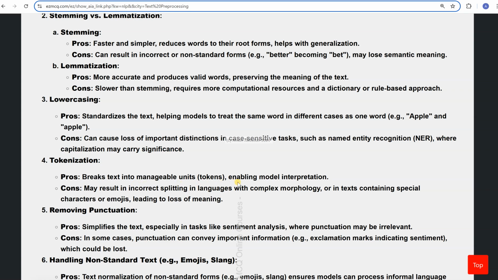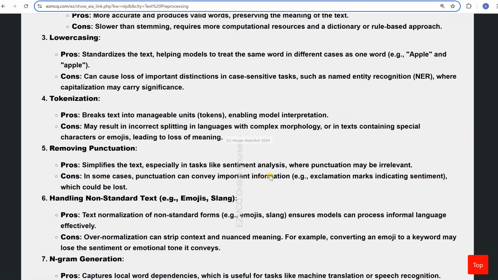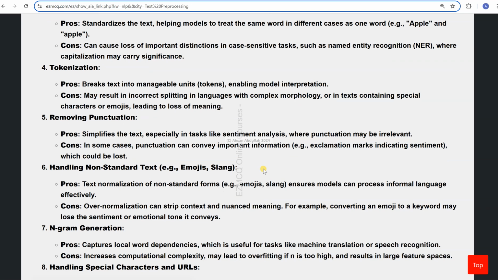We break text into small parts or tokens, but that may result in incorrect splitting in the language. For example, if you break New York into 'new' and 'York', that does not carry a lot of meaning.